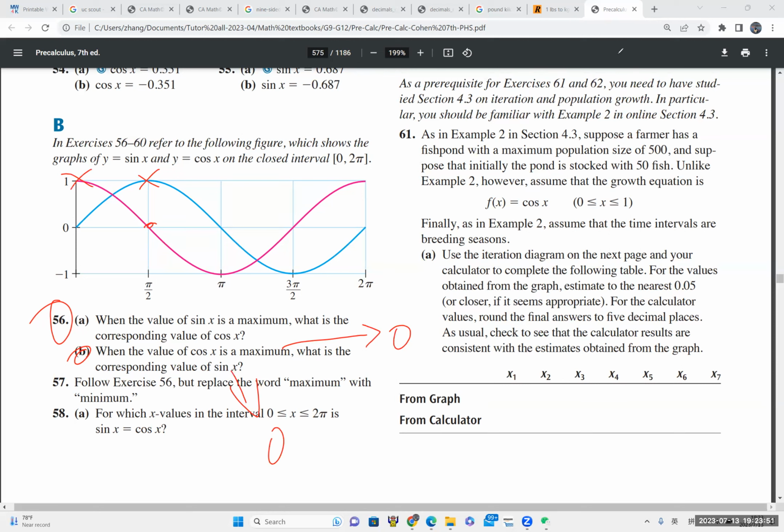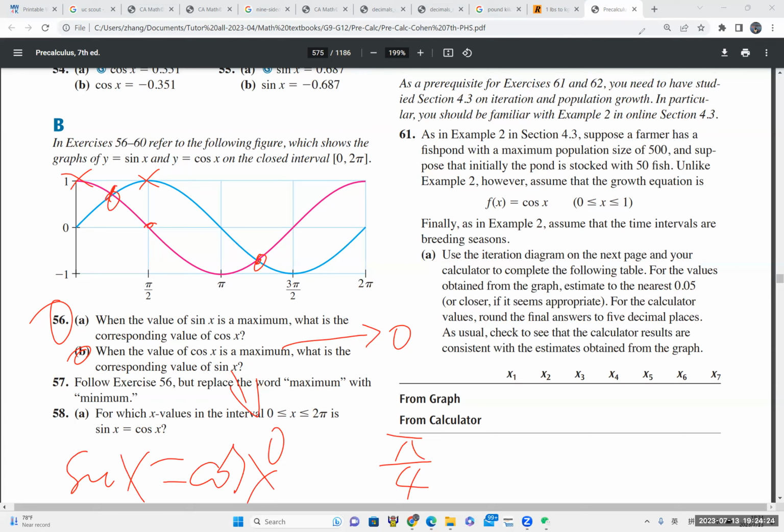Now let me ask a question. When sine x equals cosine x, can you guess the answer? It's when x equals pi over 4, right? But this is just one of the places. During this period, we have another place.